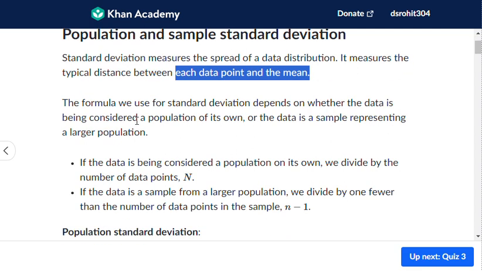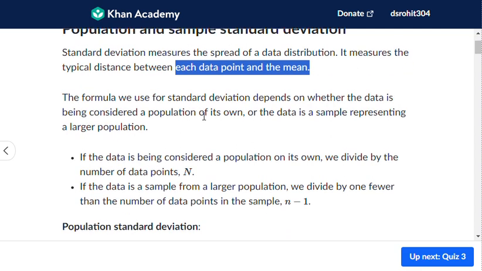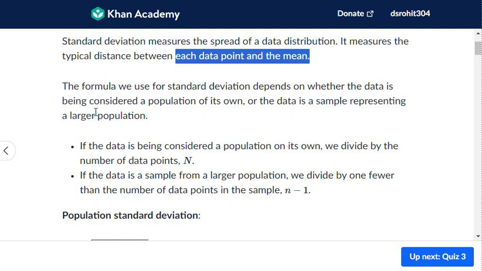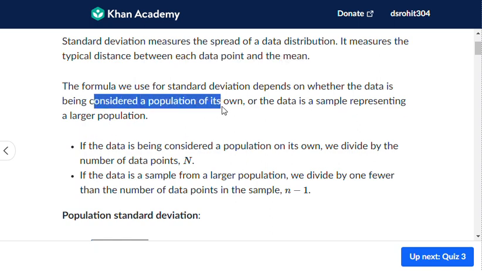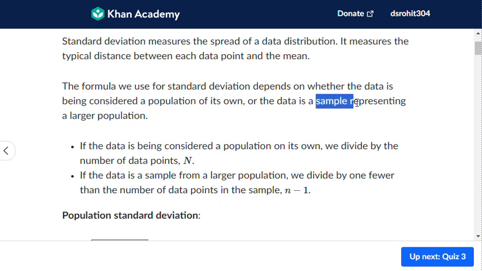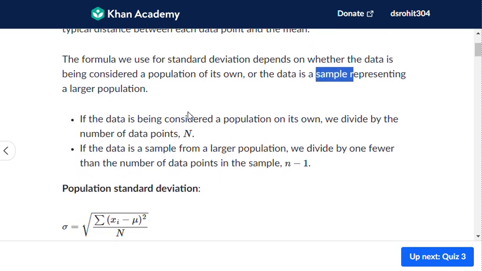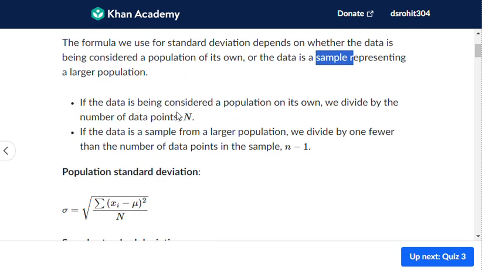The formula we use for standard deviation depends on whether the data is considered a population of its own or a sample. If the data is considered a population, then we divide by n.